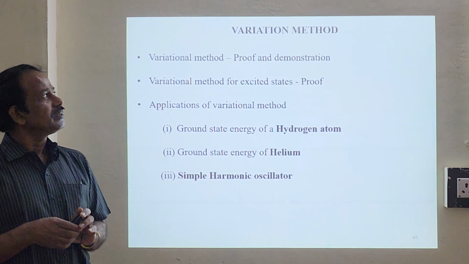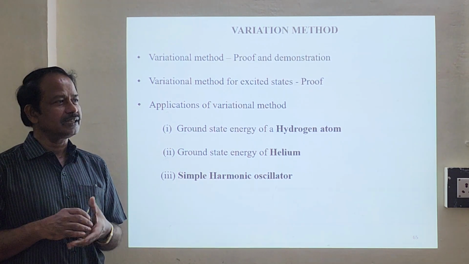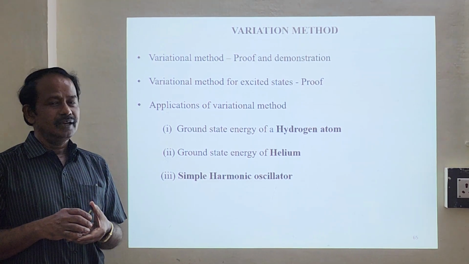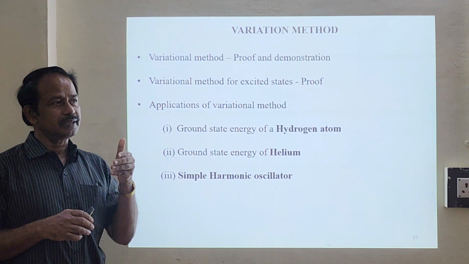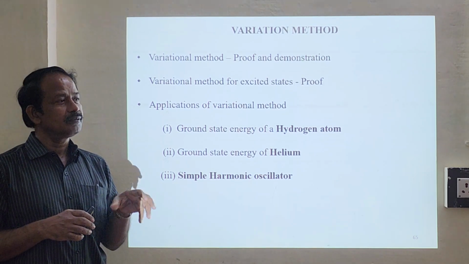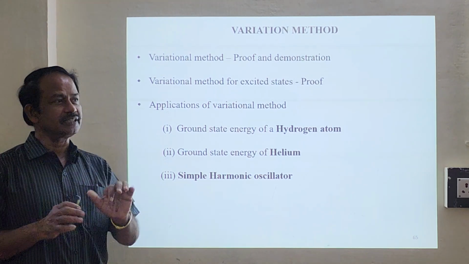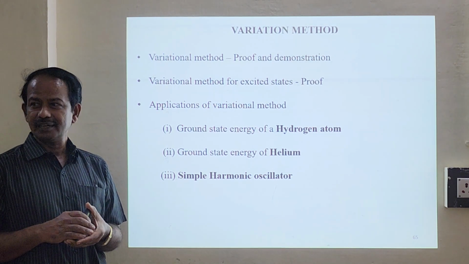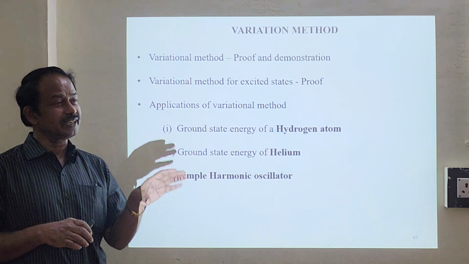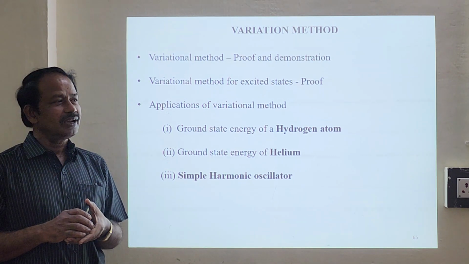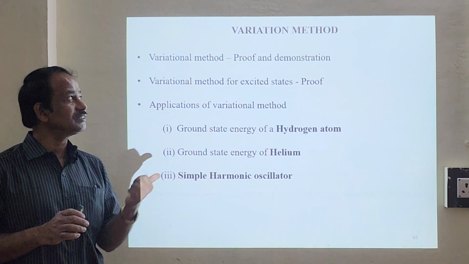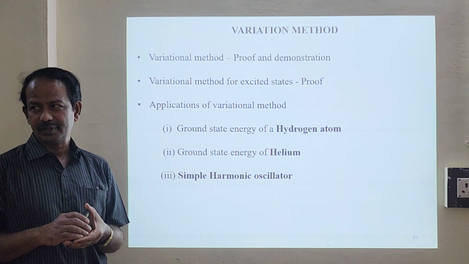Nowadays people have a lot of acquaintance with computers, and we know the energy eigenvalues for the corresponding system experimentally. Suppose we guess the wave function and compare with the experimental value, we can find out whether it is the exact solution or not. So that's the idea about the variation method.